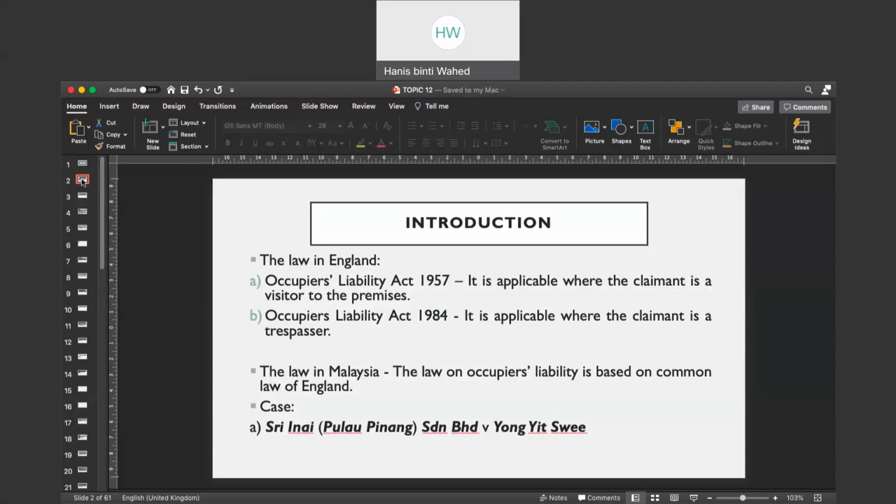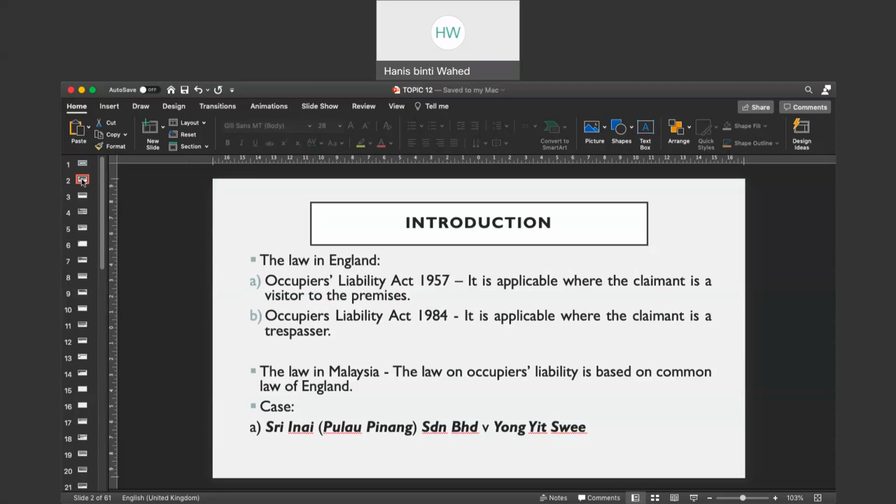The injury might be because the premises is not safe, or because of the failure of the occupier to take reasonable steps to ensure that the premises is safe, or because of the failure of the occupier to warn about the danger to the entrant.